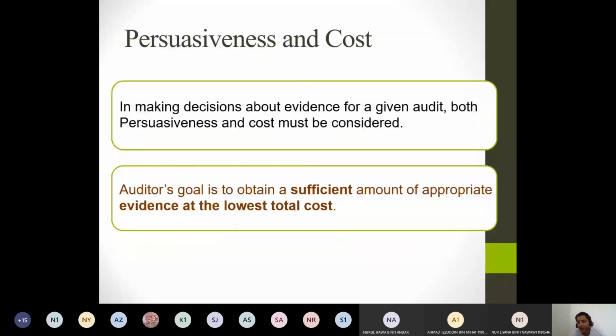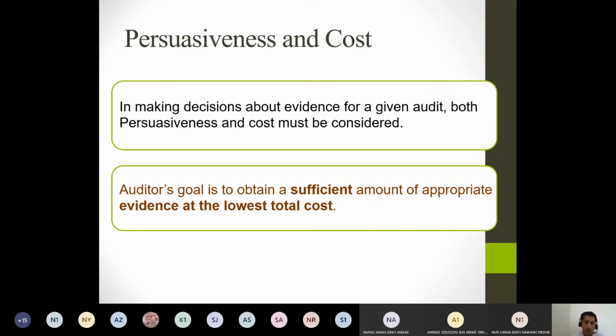We need to keep in mind that we cannot just look into the persuasiveness of evidence without having the cost in mind, because the more persuasive the evidence, the more cost we incur. Just now we mentioned that persuasiveness includes reliability, relevance, isn't it? And sufficiency.